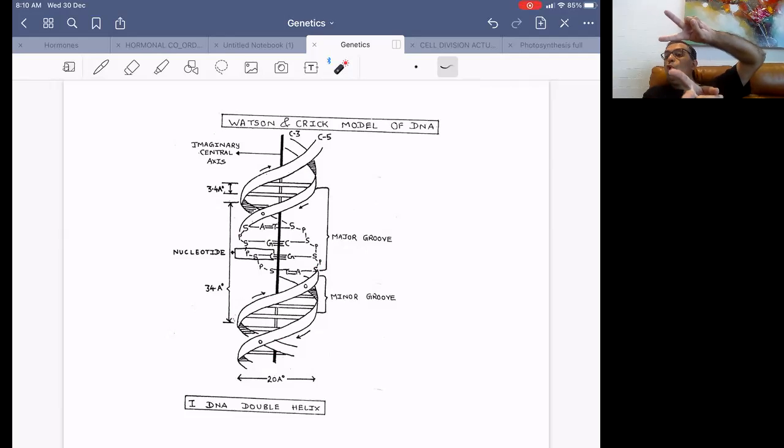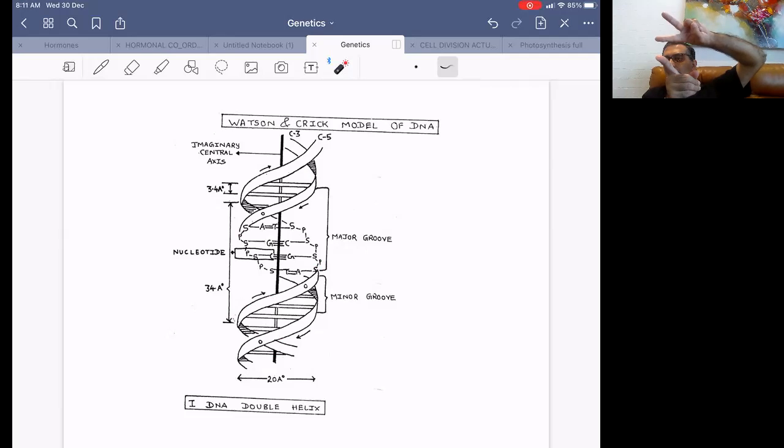One spiral of two strands was a major groove. But now I'm referring to one spiral of one strand. How much is that? Check it here. This was minor, minor, major. One spiral of one strand is a minor groove plus a major groove.